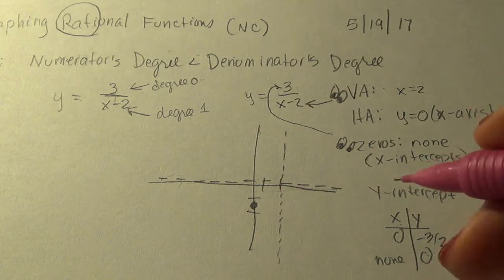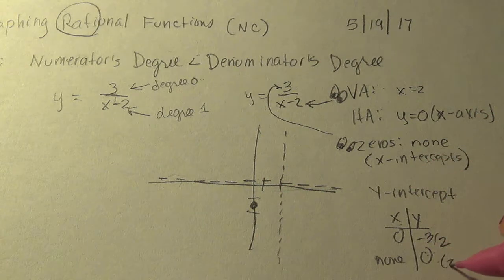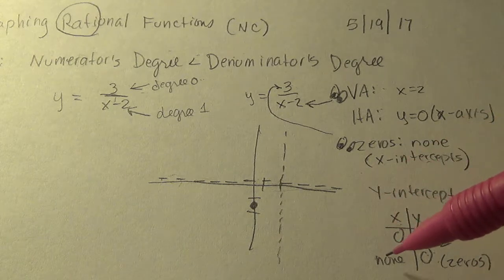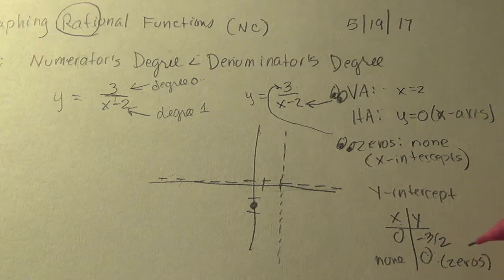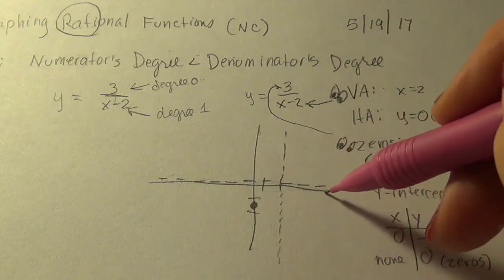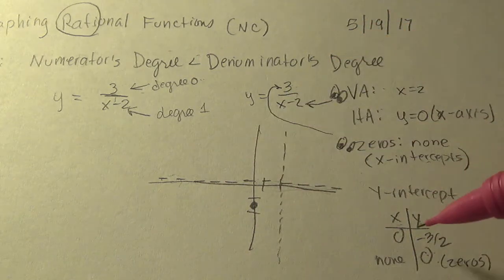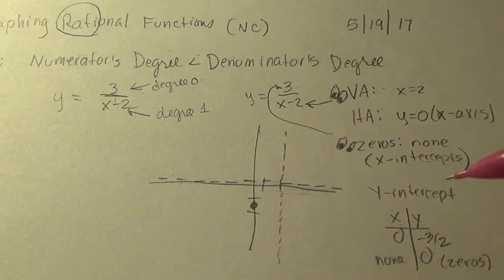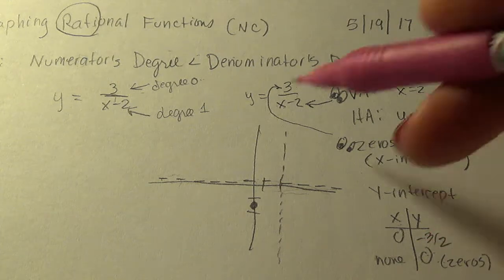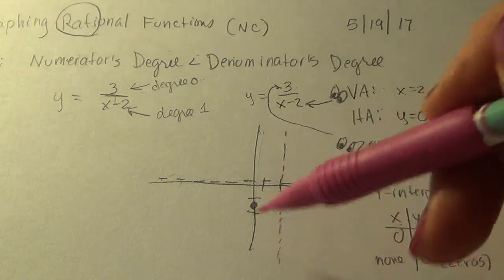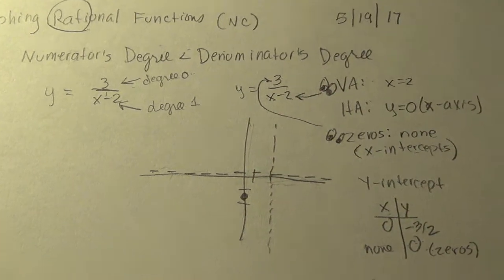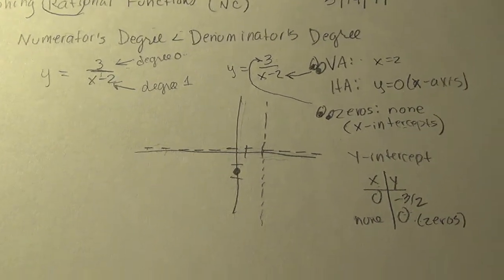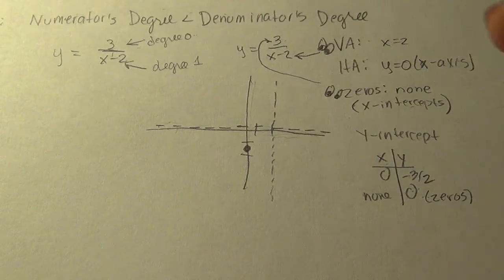Both are related to 0, but these are officially called zeros where it crosses the x-axis. This graph has none, and it has one y-intercept. So I'll call them zeros when they're on the x-axis, and I'll call them y-intercepts when it crosses the y-axis. Now we're ready to graph, but we need a starting point.